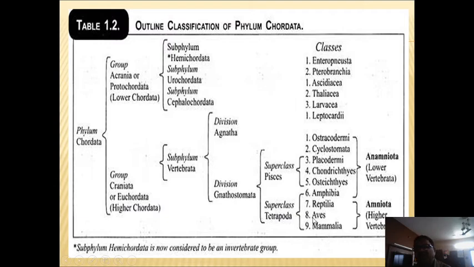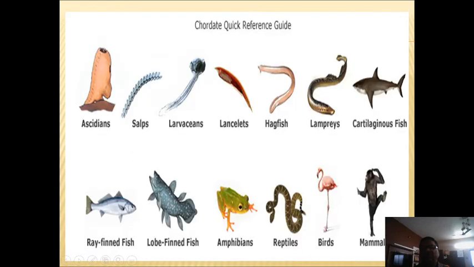These are the higher vertebrates, and the three are the lower vertebrates. Now we have to study them one by one. Here are some beautiful pictures of all the chordates.